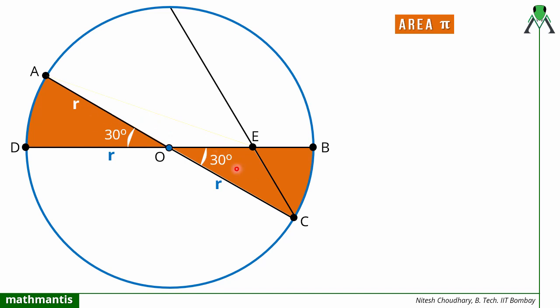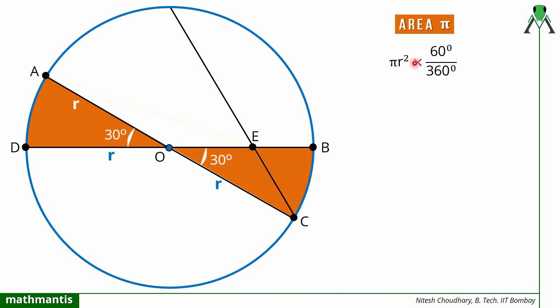So we have remade the diagram here by making that shaded region here. So now we can define this area pi easily, because the total area of circle is pi r square. Here the angle is 30 degrees, here it is 30 degrees. So this area is pi r square times 30 degrees by 360 degrees. This is also pi r square times 30 degrees by 360 degrees.